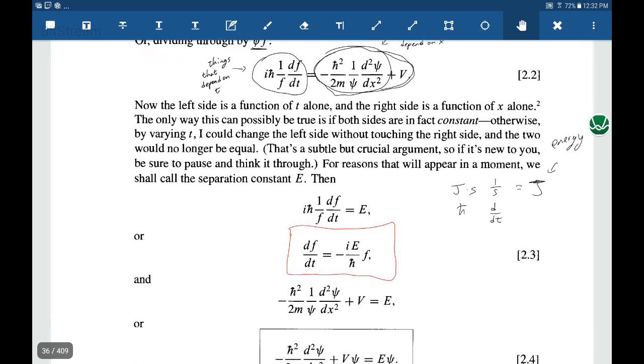So separation of variables, the whole idea is to separate the variables. We want the variables to be one on one side of the equation, the other on the other side of the equation.